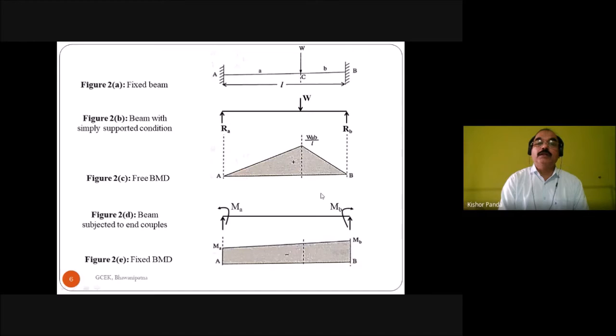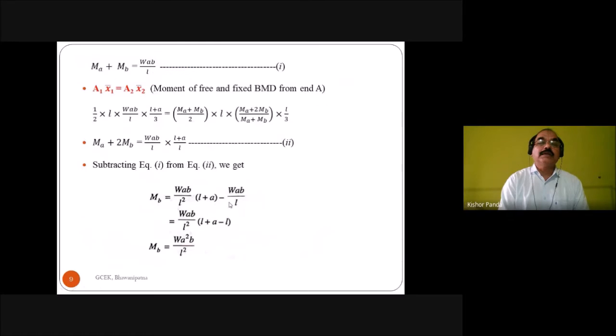First equation, A1 is equal to A2. Then the second equation is A1 x1 bar is equal to A2 x2 bar. Then after simplifying these two equations, you will find out the end moments MA and MB.